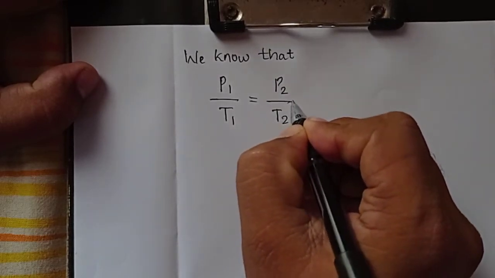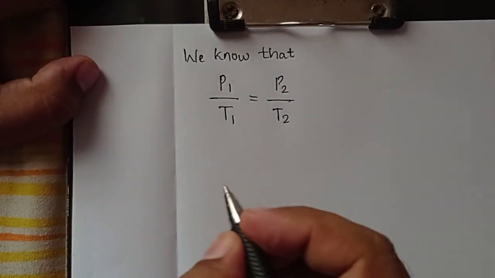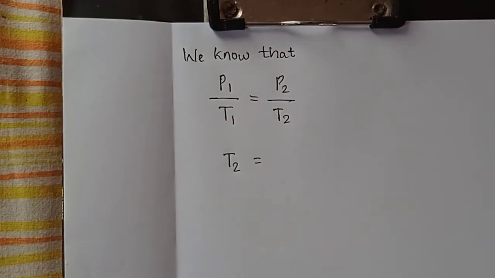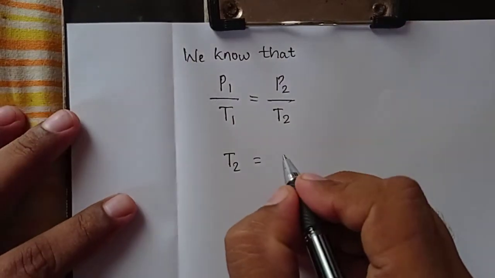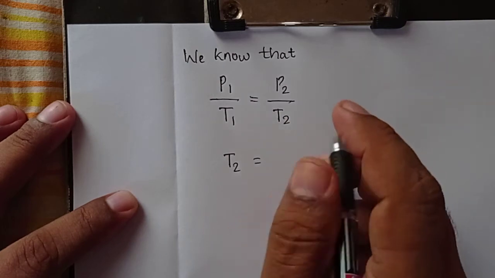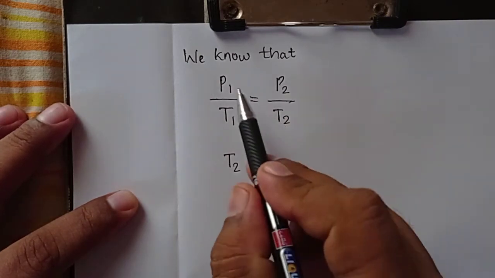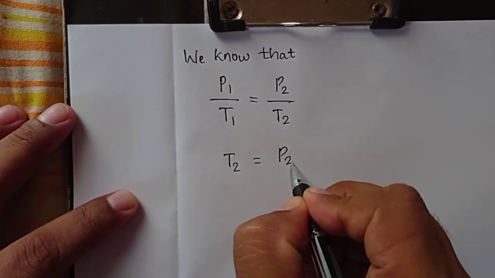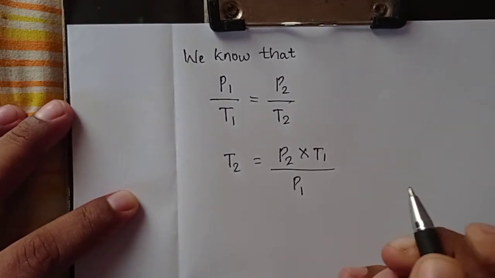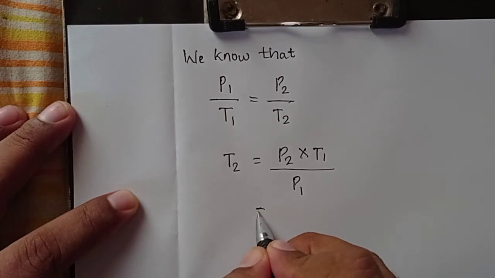I repeat, P1 by T1 is equal to P2 by T2. So we require T2. I want the value of T2, so it is P2 into T1 divided by P1 that will give me the value of T2.